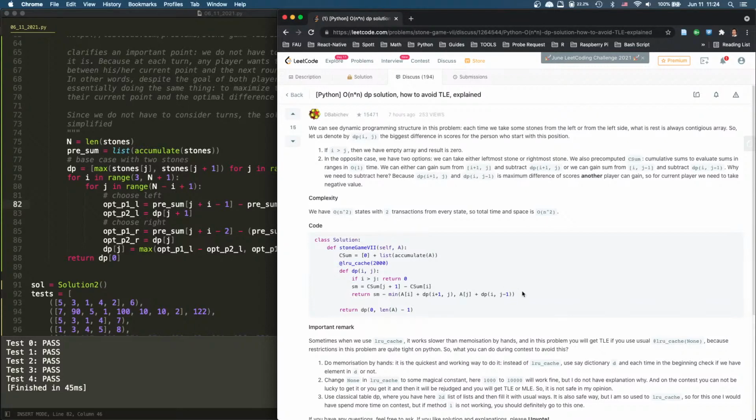Let's see. What's A? A is the input. I and J. What's I? I is the two indices. So pick A[I], right? So A[I] plus, this is the current sum, and this is the next level.